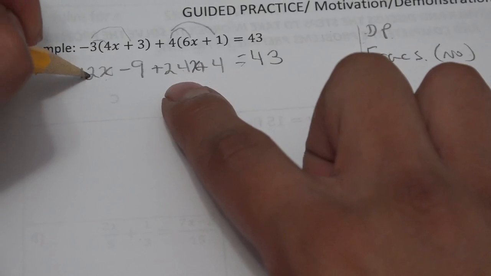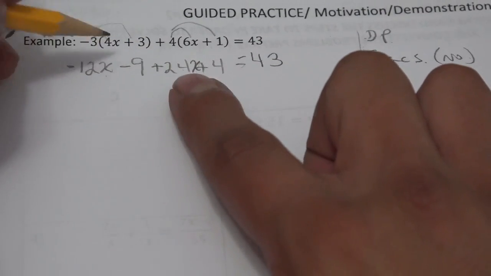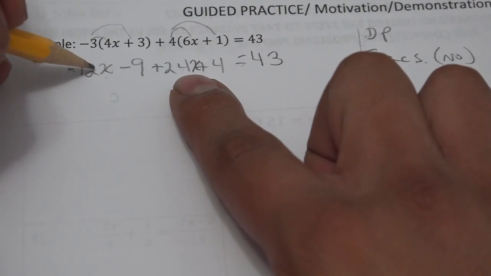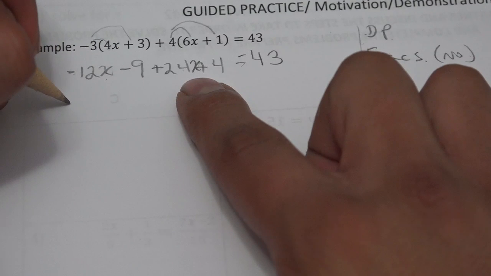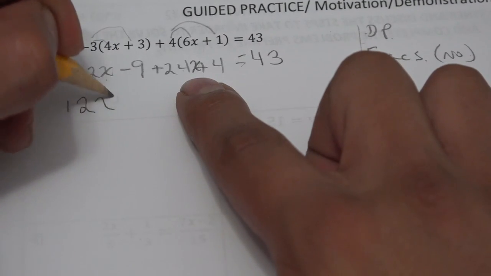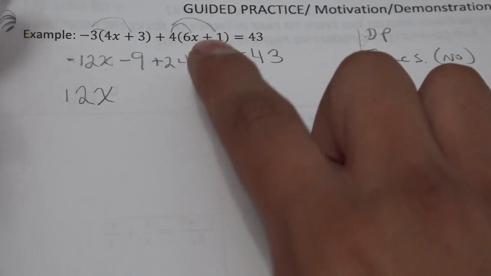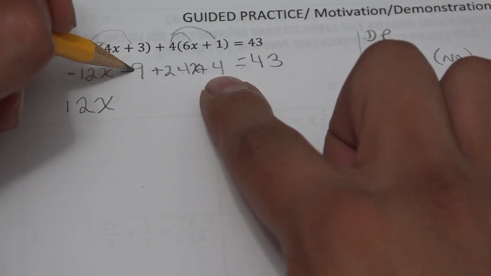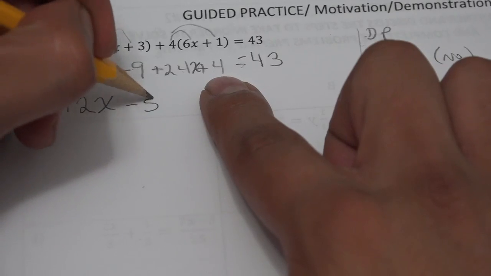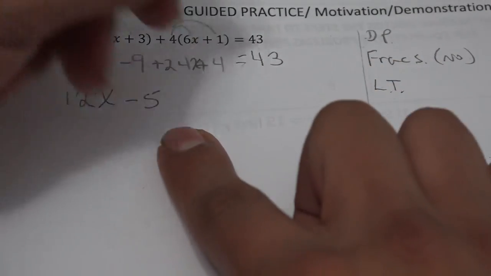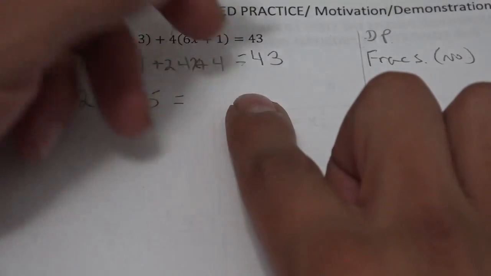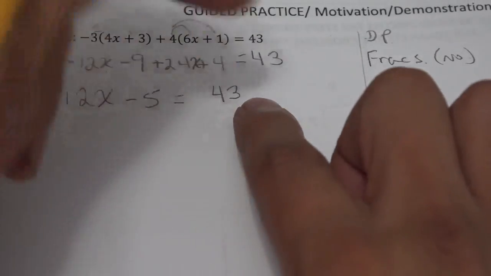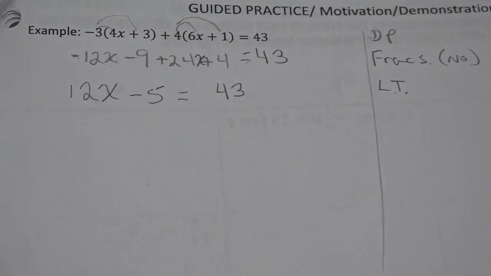So now I know negative 12x and 24x. 24x minus 12x or negative 12x plus 24x, it's still the same thing. So when I combine them, 24 minus 12 is 12. So it's 12x. Now, negative 9 goes with positive 4. So that should give me a negative 5. And then I bring down the equal sign and then the suggested answer, which is 43.